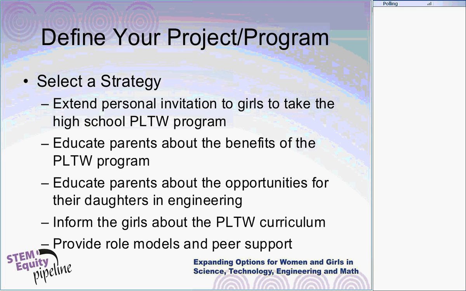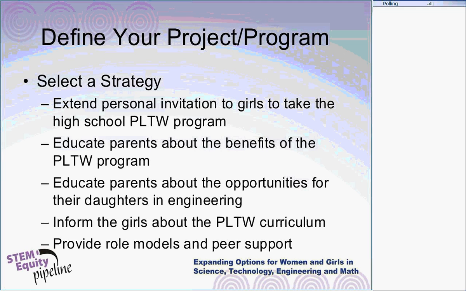So, again, going back to take a look at some of those root causes and trying to identify a strategy, what we decided in our planning team is that one of the things we know is that girls typically don't step outside the boundaries without a personal invitation. So that was one of the things we wanted to implement here: to extend personal invitations to girls to take the high school Project Lead the Way program, to personally invite them in some way.